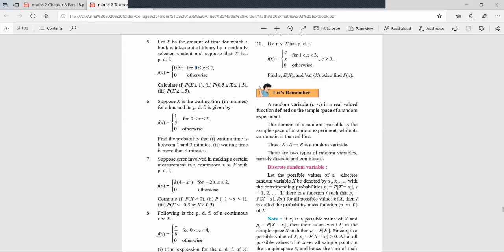They are asking you to find three probabilities: x greater than 0, minus 1 less than x less than 1, probability x less than minus 0.5, or probability of x greater than 0.5.